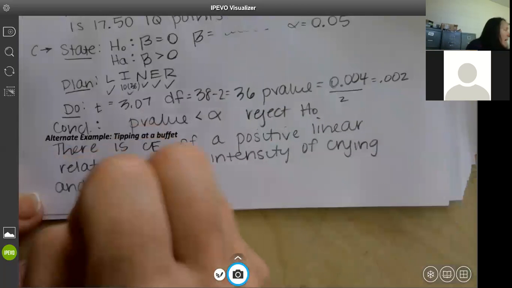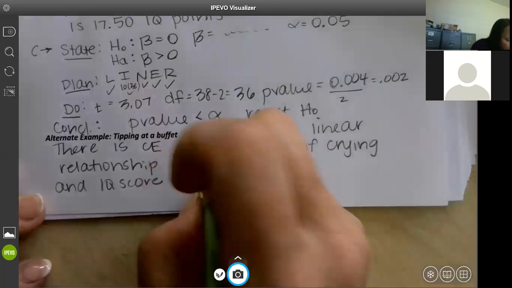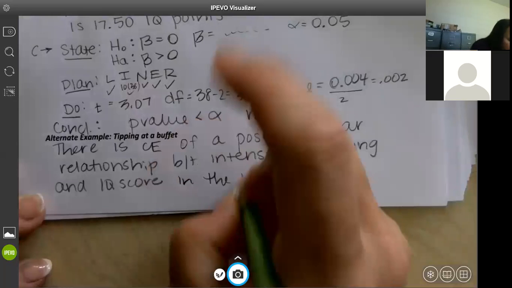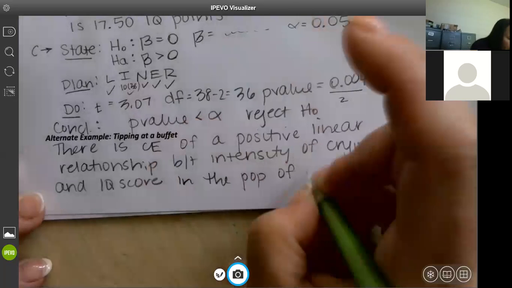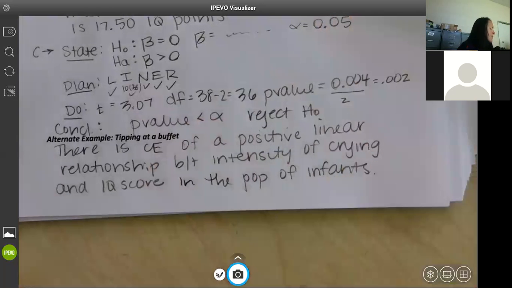You can put later IQ score, it's fine, in the population of infants. And then the next two are very short. The next two are very short.